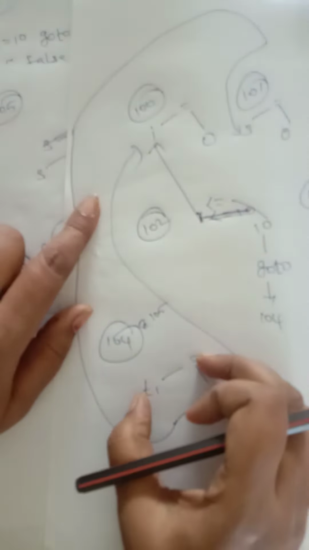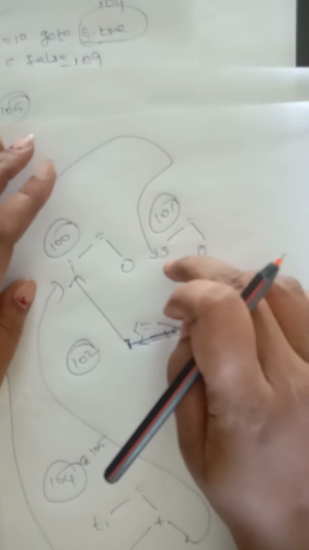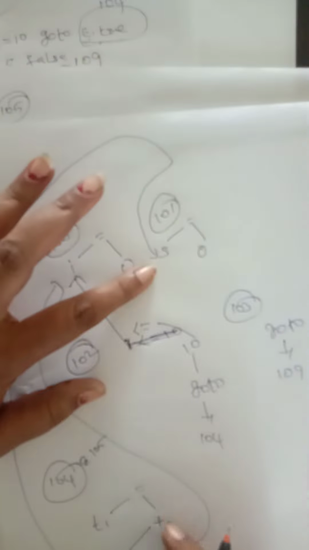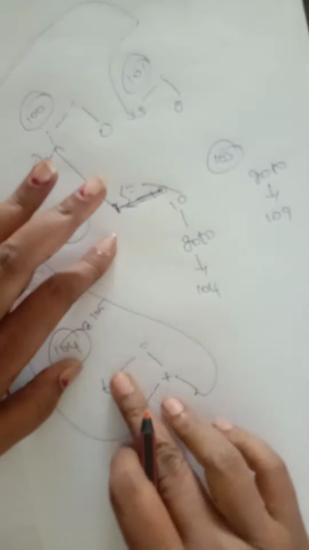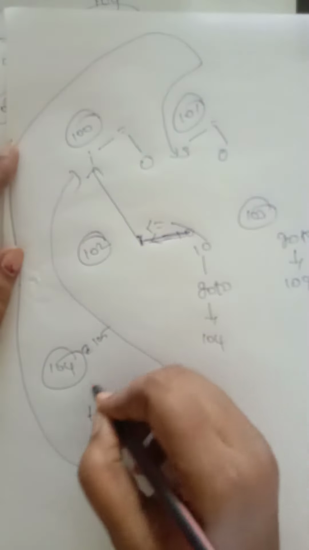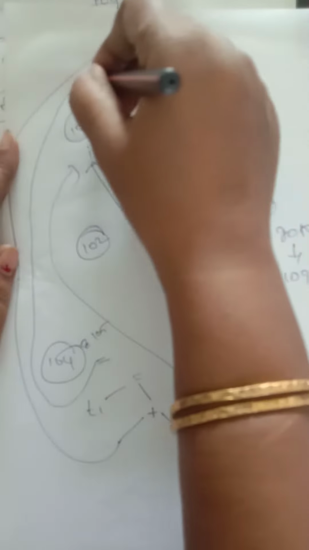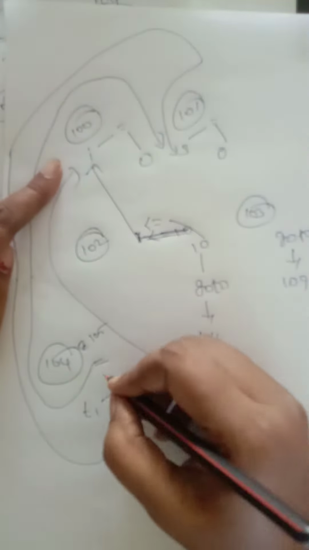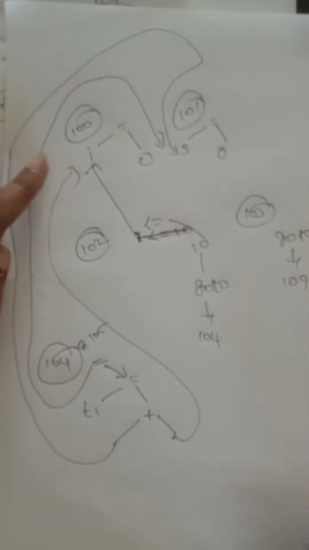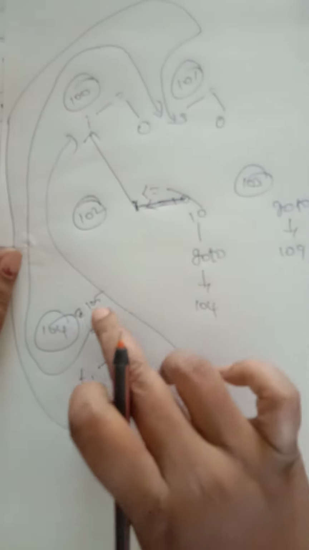Now we have to assign the entire thing into S. But that S is already stored in the line number 101. So we have to assign the entire thing again to S. Here equal points to variable S, S equal to T1. So this is the DAG for line number 104 and 105.